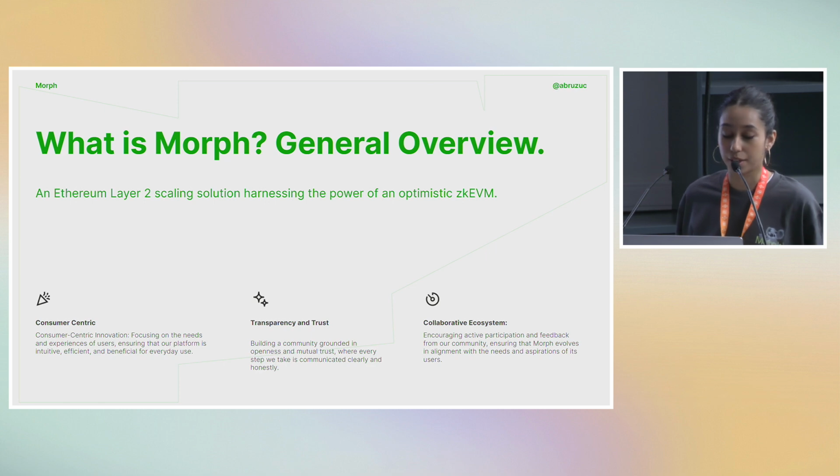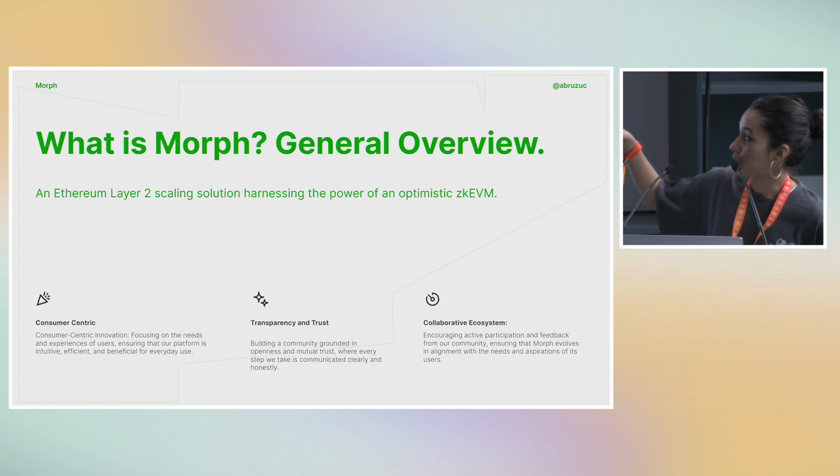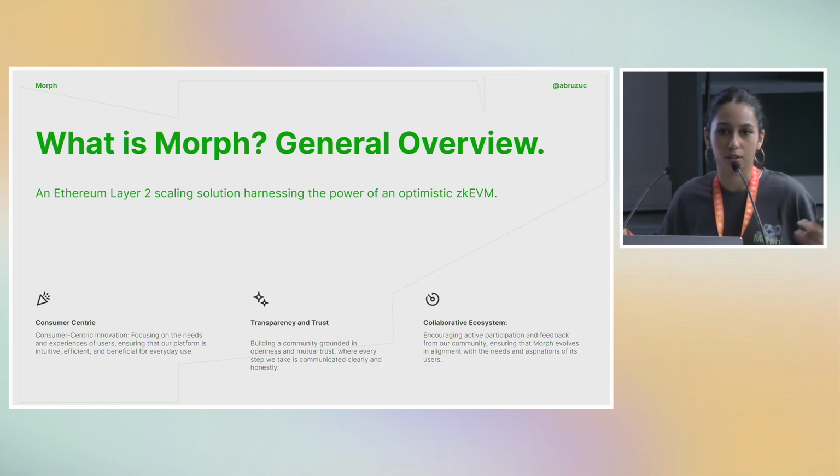So first of all, we are an Ethereum L2 that basically combines optimistic and ZKVM, and a lot of people ask how that can happen and why we are approaching it in that way. We're also a consumer-centric blockchain. We know that there are a lot of infra projects, but not really consumer applications, so we really want to focus on bringing more consumer apps on-chain.